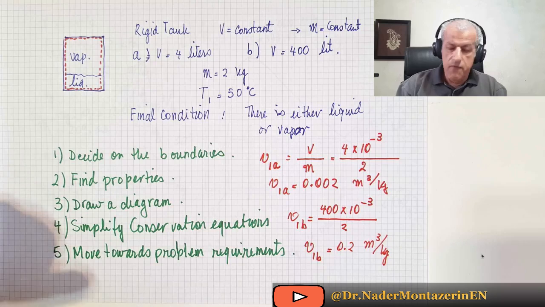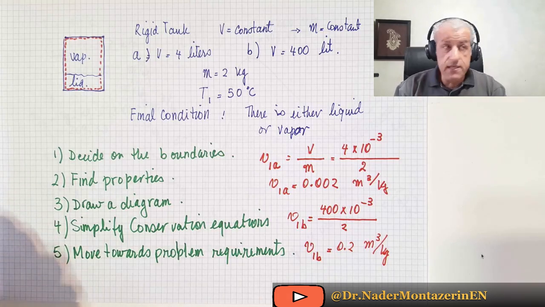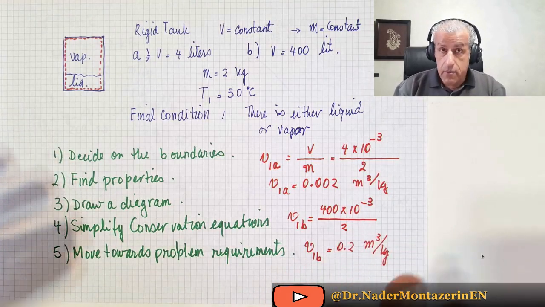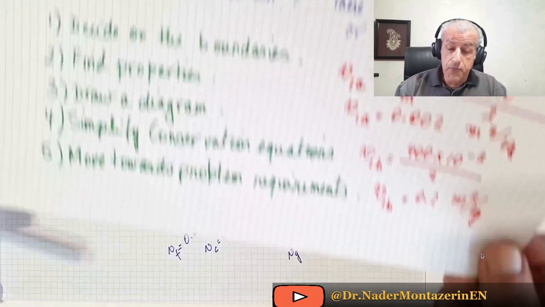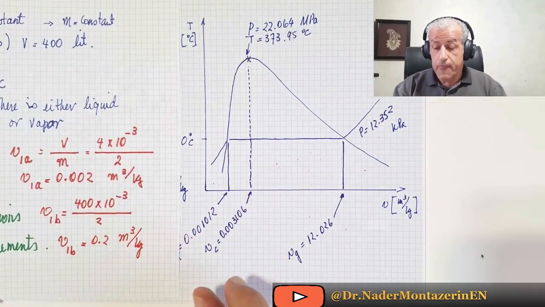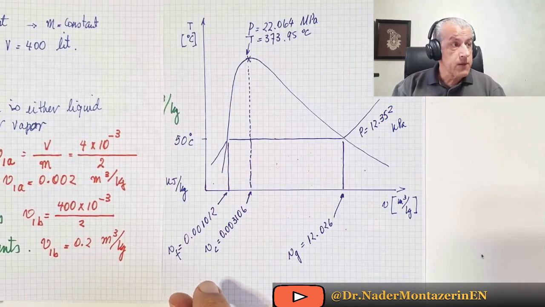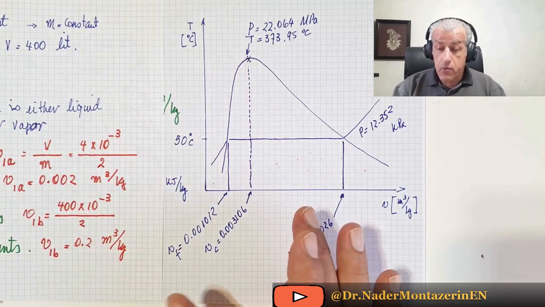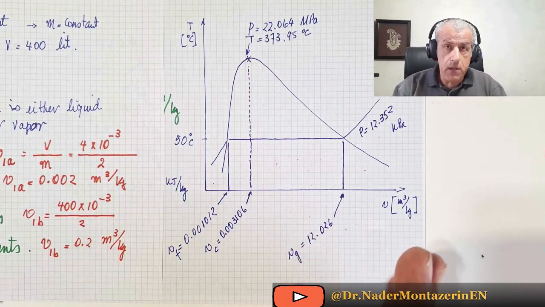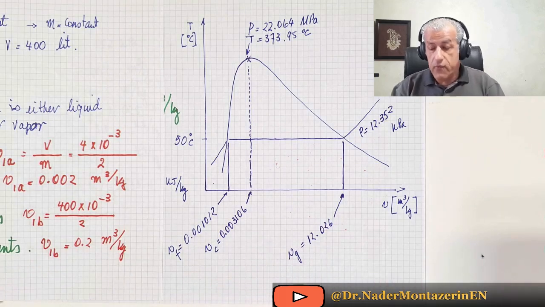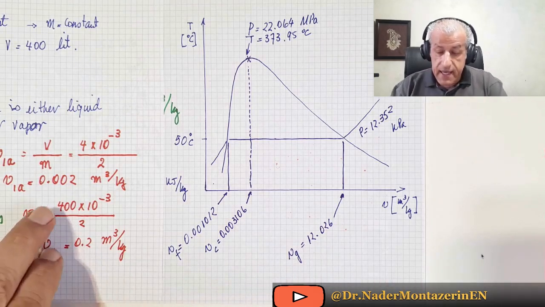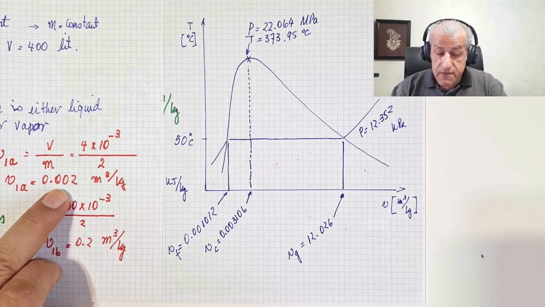Well, we have our initial conditions. This is our problem. Okay, this is our problem. The difference is that previously, whatever I put down on this diagram was water properties, all from the table. Now we have our problem, and what it's telling us is that initially our specific volume is 0.002.